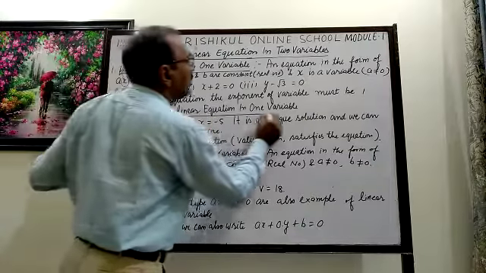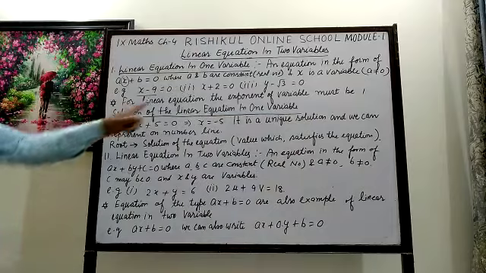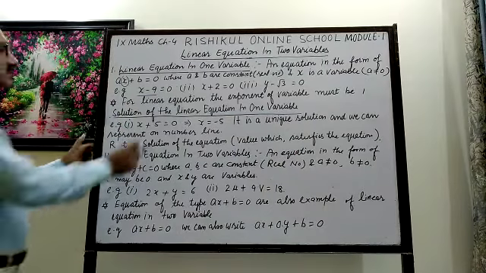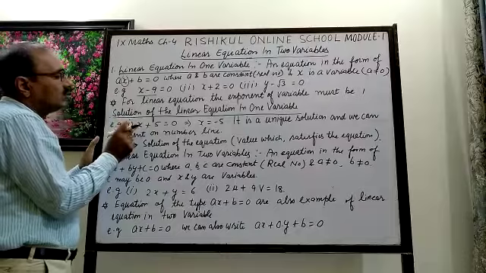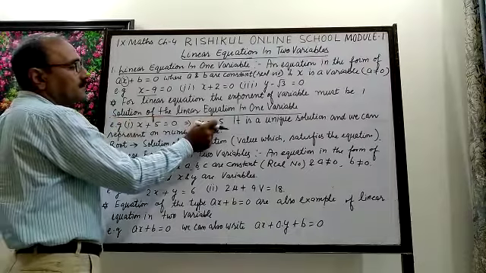And the solution of a linear equation in one variable. How can you solve the linear equation in one variable? For example, x plus 5 equal to 0. So you can find the value of x. x is equal to minus 5.